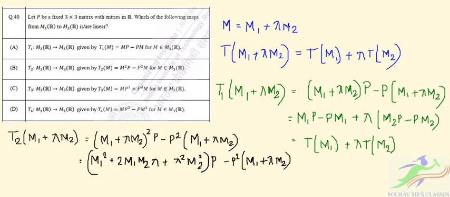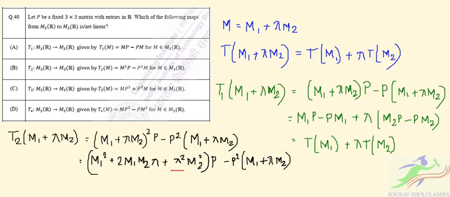So here you can see that we have a term of lambda square. So this is a square term, and you can say that this option number 2, T2, cannot be linearly mapped.